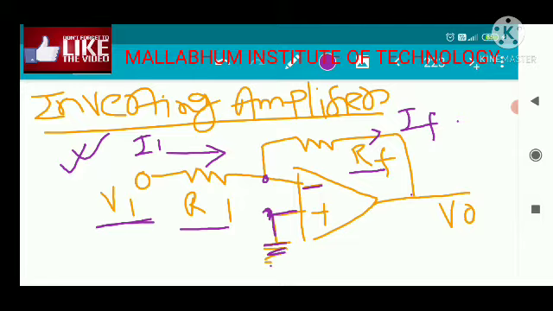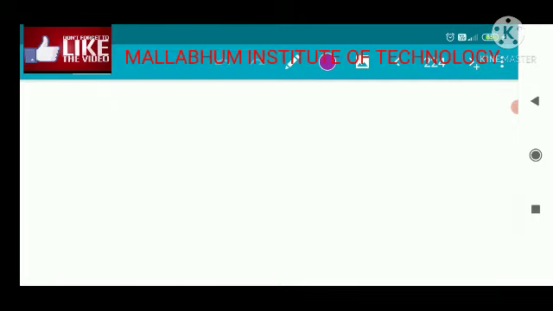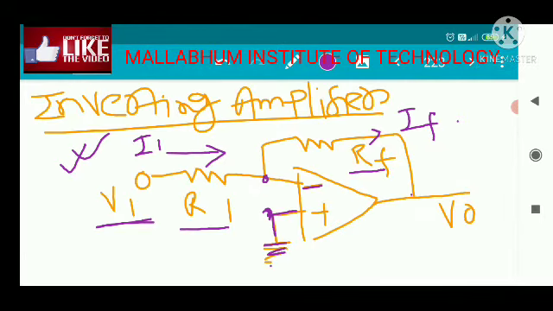That means here we are assuming an ideal op-amp. So the open loop gain is infinite, input resistance is infinite, output resistance is 0. So we can use the virtual ground concept.